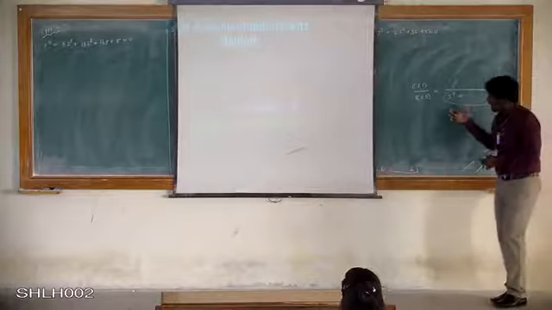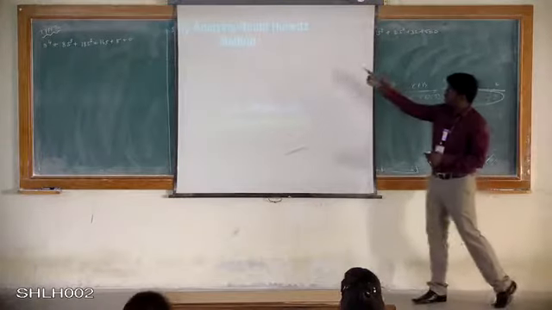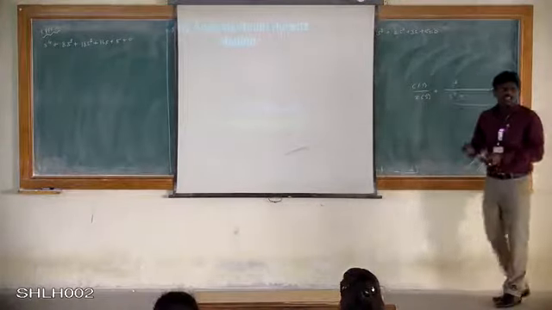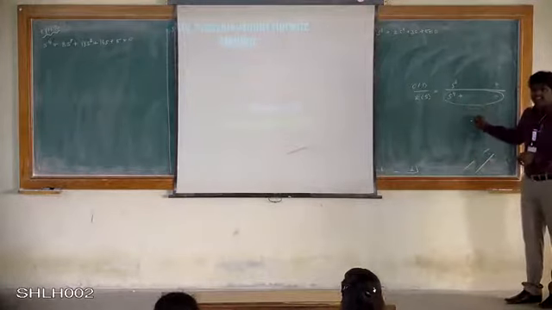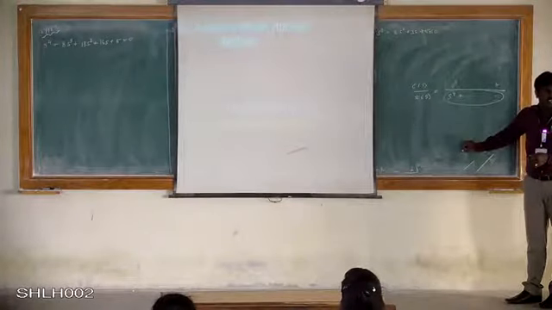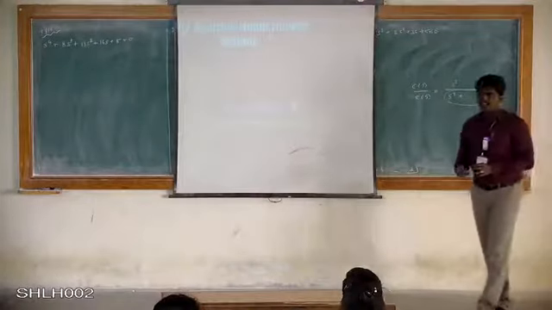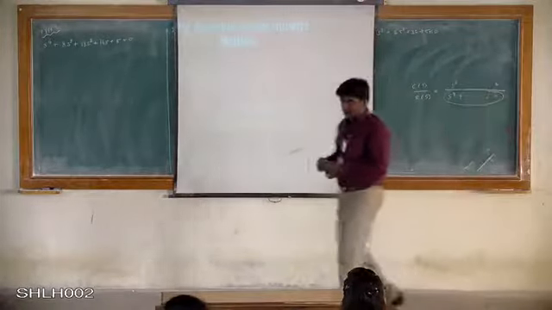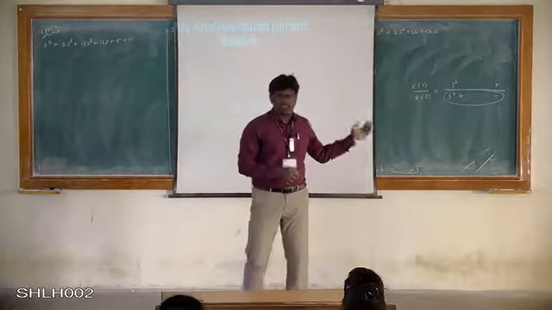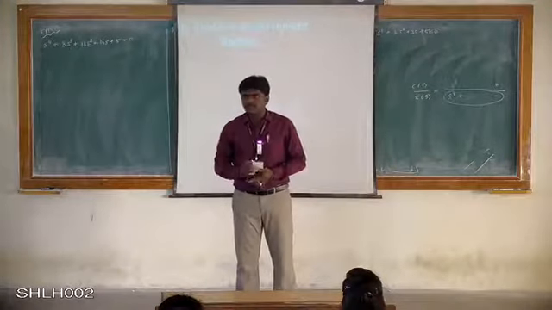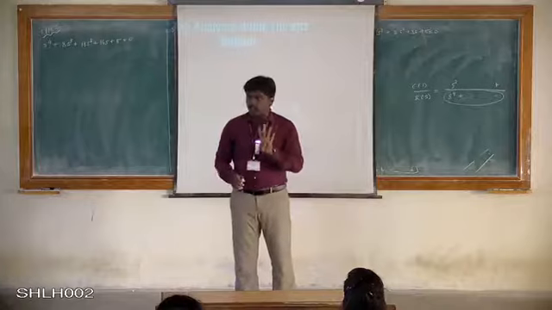If you analyze this characteristic equation using the Routh method, then the stability of this particular system can be analyzed, right? So if I have an S power 4 equation, how many roots will be there? Four roots will be there, right?